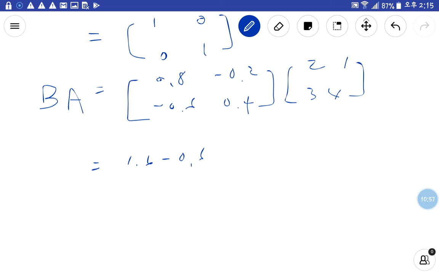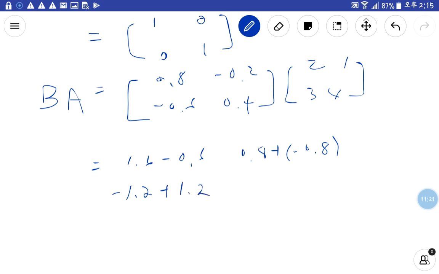And then 0.8 times 1, 0.8. And then plus negative 0.2 times 4, which is negative 0.8. And then negative 0.6 times 2, which is negative 1.2. And 0.4 times 3 is plus 1.2.